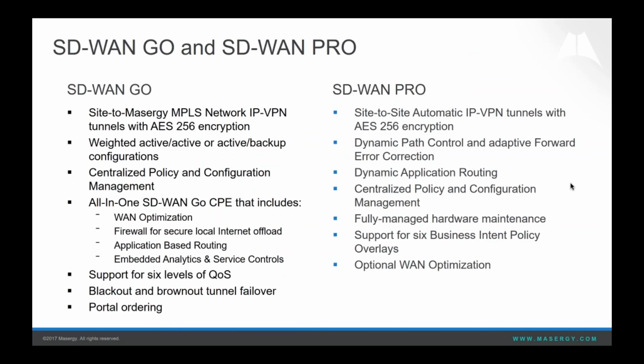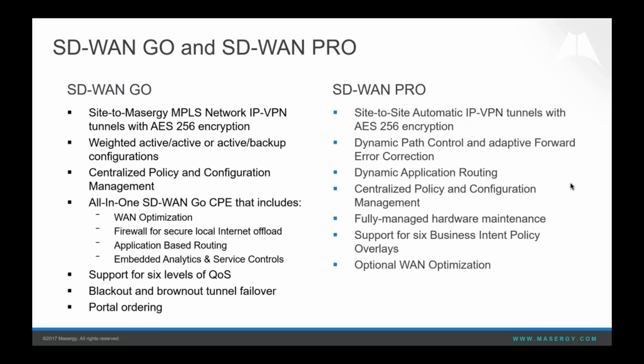Getting deeper now into what the Masergy SD-WAN offerings are. Masergy does have two different SD-WAN offerings. One is called SD-WAN Go and one is called SD-WAN Pro. The key difference is really the CPE that's utilized for each, and how the SD-WAN tunnels are built.